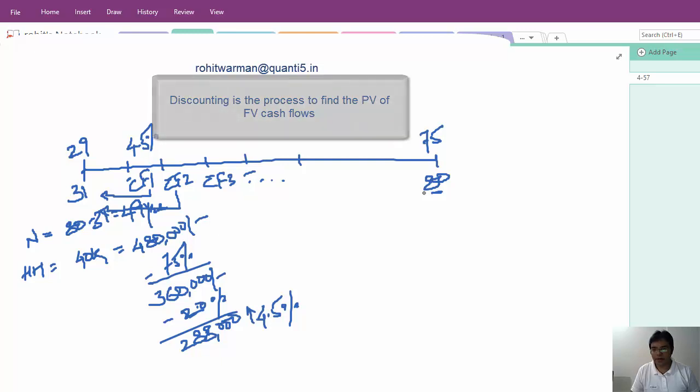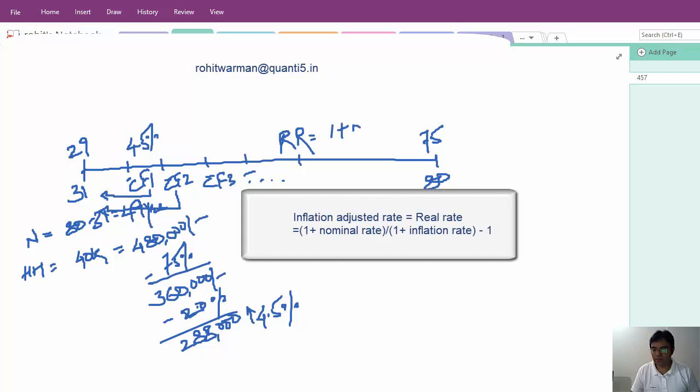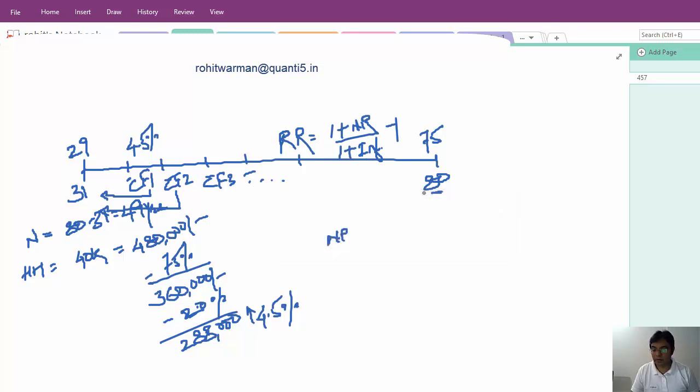To have a quick calculation, we take the help of the inflation adjusted rate, or the real rate, which is 1 plus the nominal rate over 1 plus the inflation, minus 1. Now, what is the nominal rate here? This sum assured will be invested at the nominal rate, which in our case is the debt mutual fund.